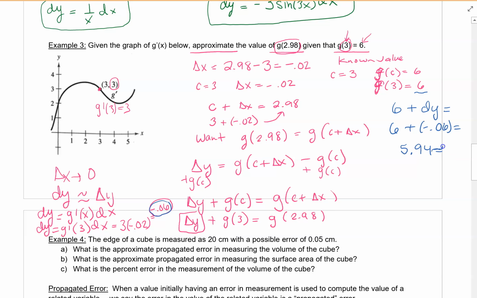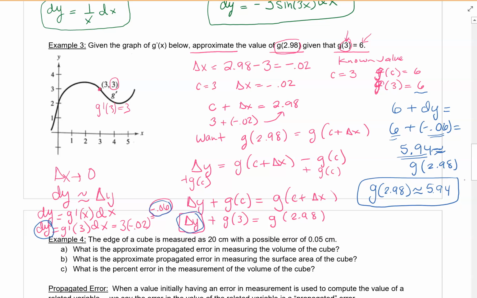That would be approximately equal to my g of 2.98 if I use dy to approximate delta y. I just add that change in y to my old y to get my new y value. So we'll say g of 2.98 is approximately equal to 5.94. And that's one use of a differential.